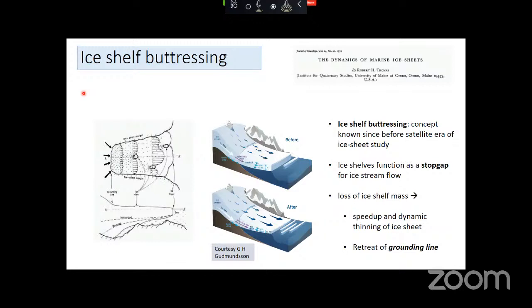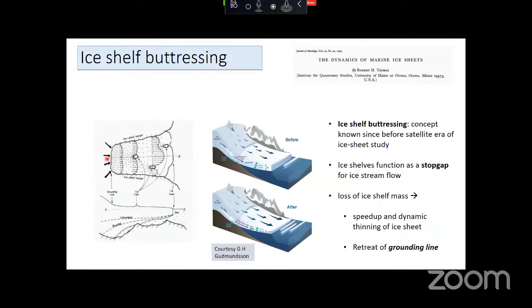The idea is that ice shelves function as a stopgap for ice sheet flow. In these two cartoons, we can see that these ice shelves, as an extension of the ice sheet, have the ability to grab onto mountain ranges or nunataks or just exposed land or slow-moving ice on either side of the ice shelf, what's referred to as the ice shelf margins, slowing down the ice.